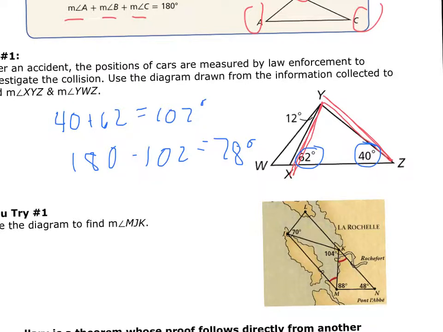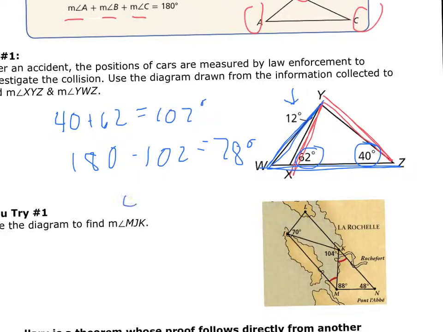Now, you want to go ahead and figure out the other one. You want to find YWZ, which is the one I'm outlining in blue here. Since you know the other two angles in that triangle, which would be 78 for the last angle we found, and then you have this 12 up here, you can go ahead and add up our angles.